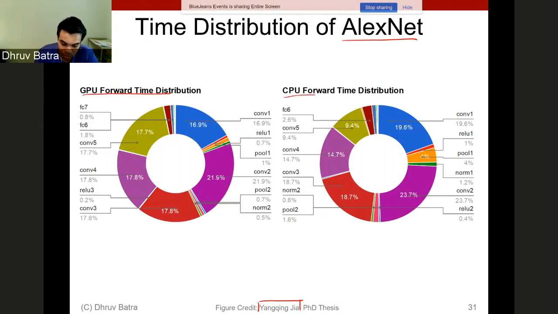And it turns out that most of the time in these neural networks is spent in the convolution layers. The ReLU and pooling, as you might expect, are fairly lightweight operations. They don't take long, but the convolution layers take most of the runtime. The FC layers, for example, don't take that much of the runtime of the neural network, but it's the convolution that's dominating.